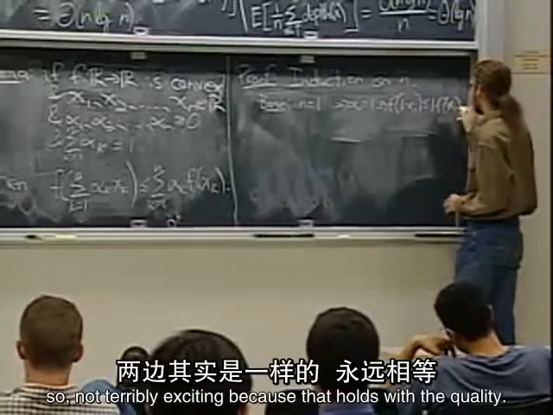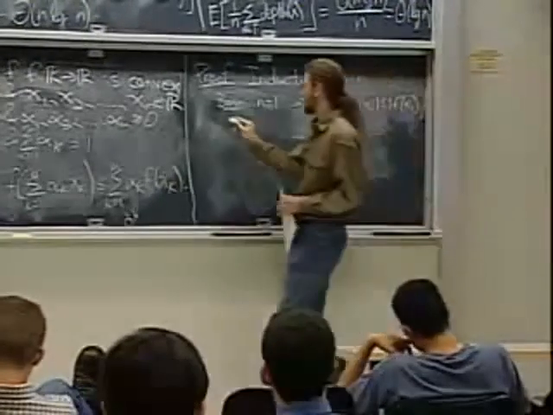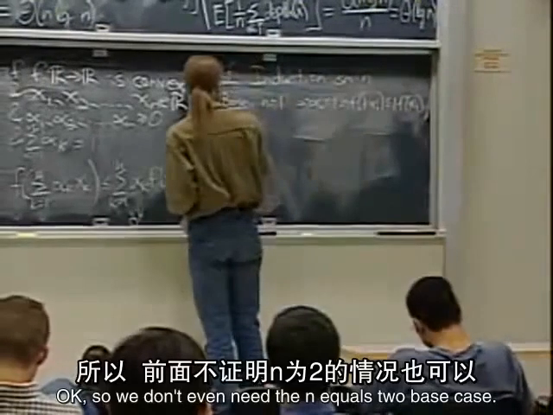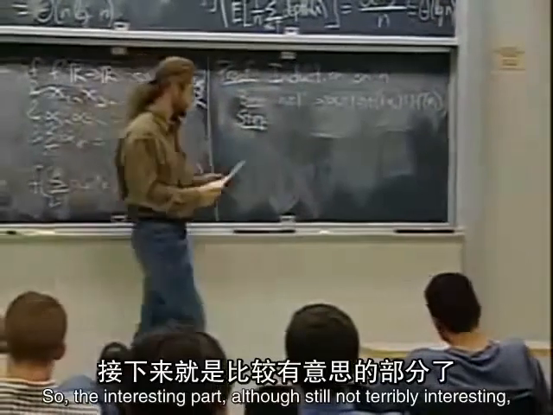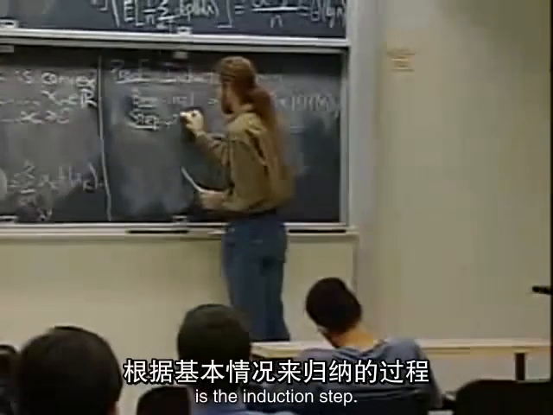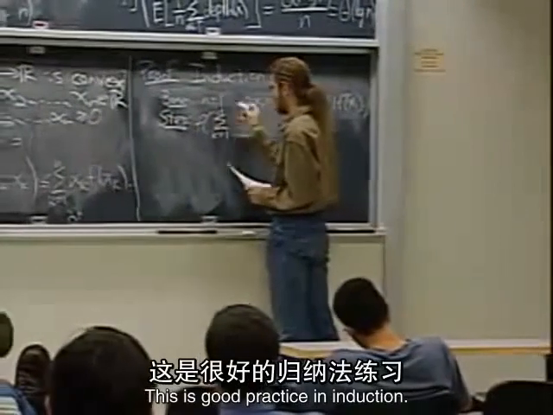So not terribly exciting, because that holds with equality. So we don't even need the n equals 2 base case. So the interesting part, although still not terribly interesting, is the induction step. This is good practice in induction.